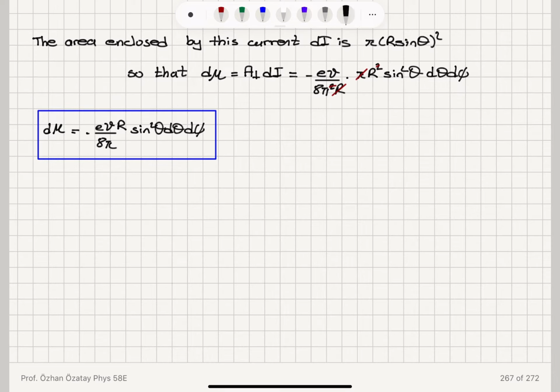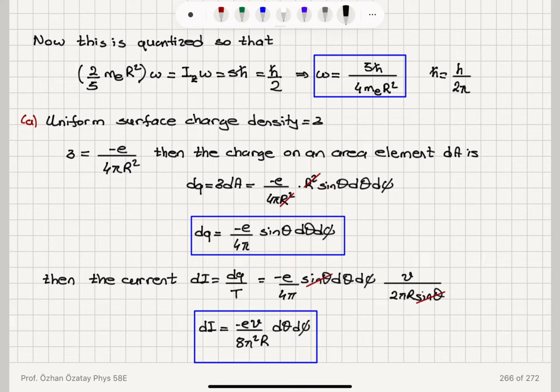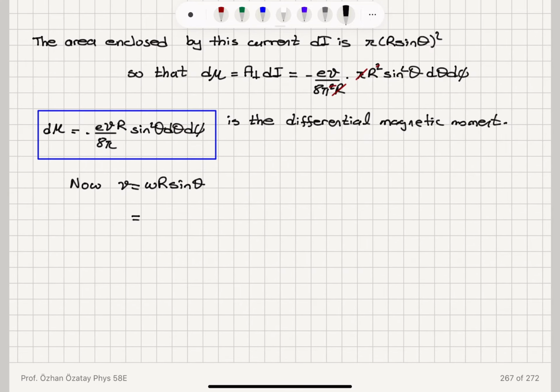So this is the differential magnetic moment. It's the contribution from dI. Now we have the tangential speed, v is equal to omega times capital R times sine theta. So we can substitute for omega our result from the previous video, 5 h bar over 4 m_e R squared.